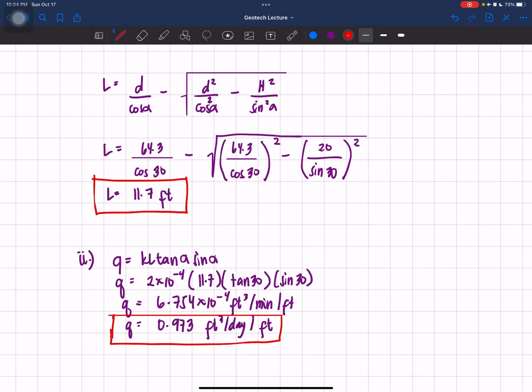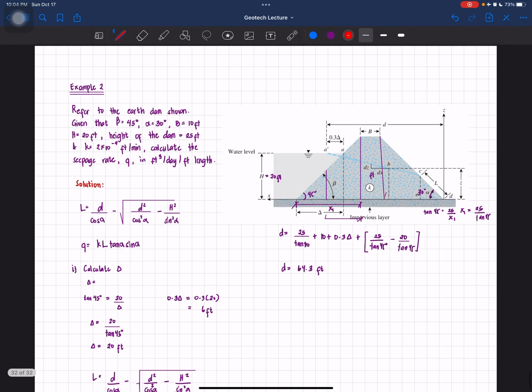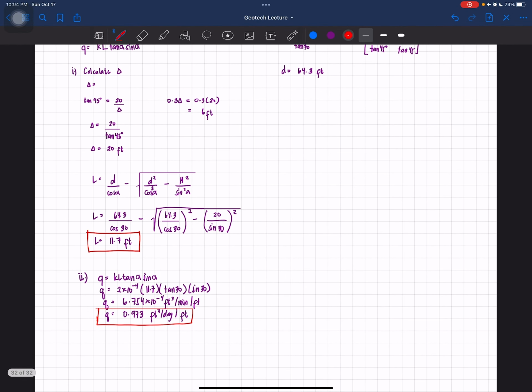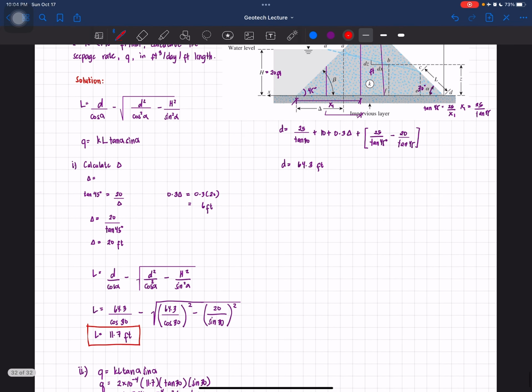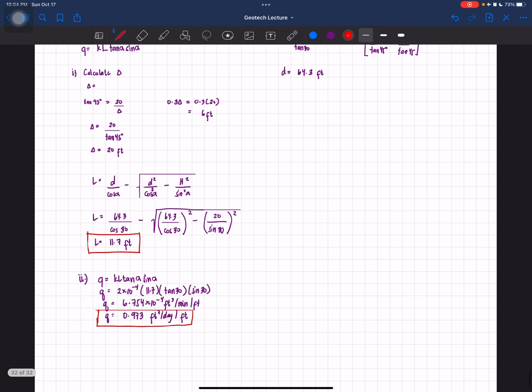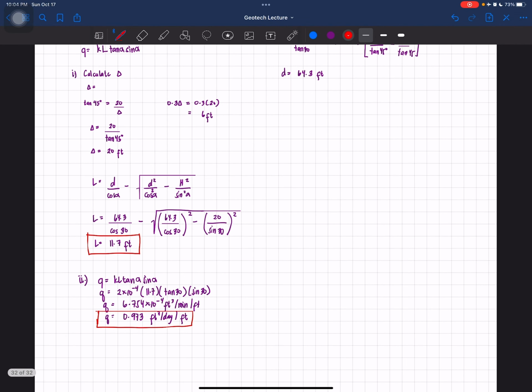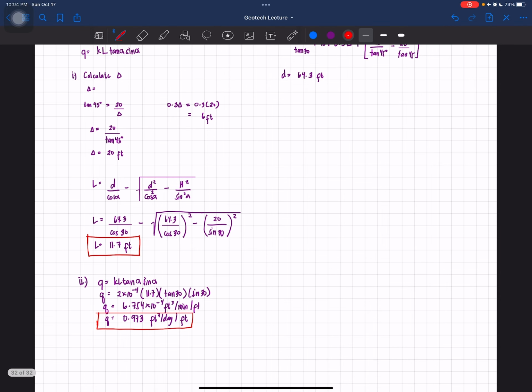So this is your seepage in an earth dam. This is what I gave in your activity or quiz. It would be difficult if we did an irregular dam, so we might as well follow the formula and the steps. That's the important thing.